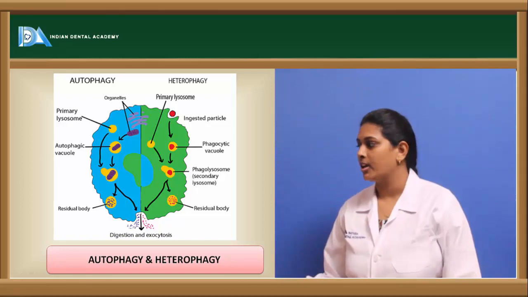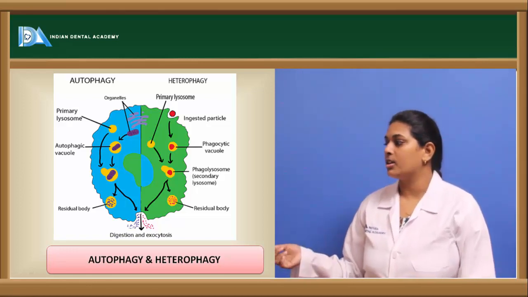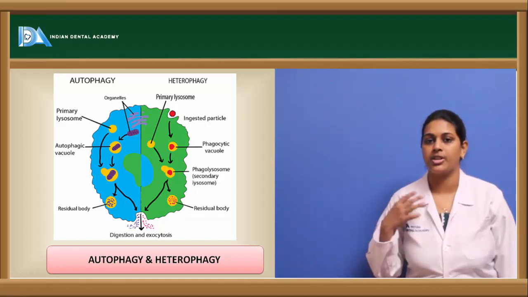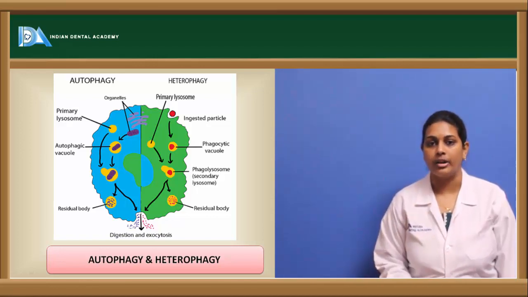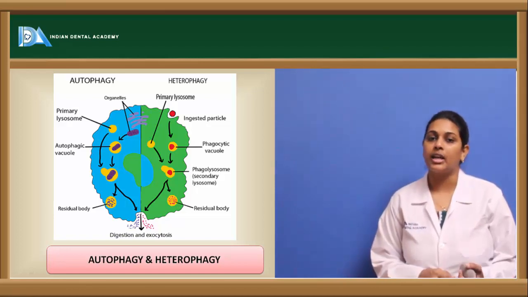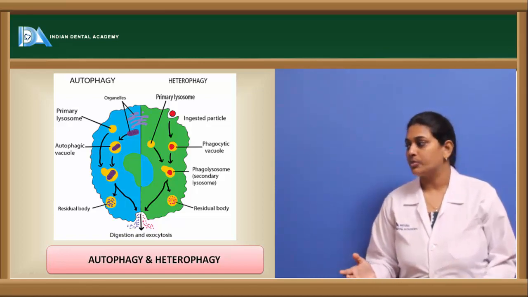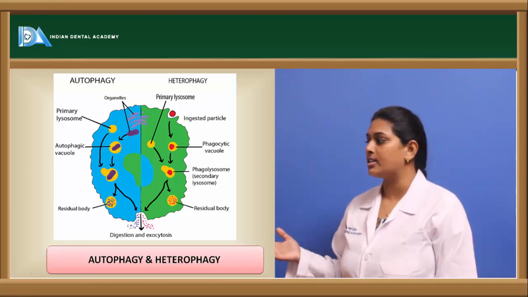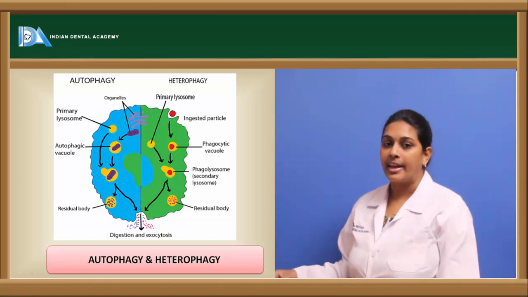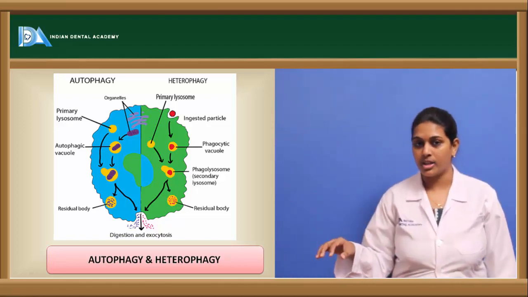Whereas in heterophagy, the ingested particle is from the extracellular environment. It is not concerned with the intracellular or any cytoplasmic organelles, but completely with external stimuli. Once the ingested particle reaches inside the cell, it forms the phagocytic vacuole.